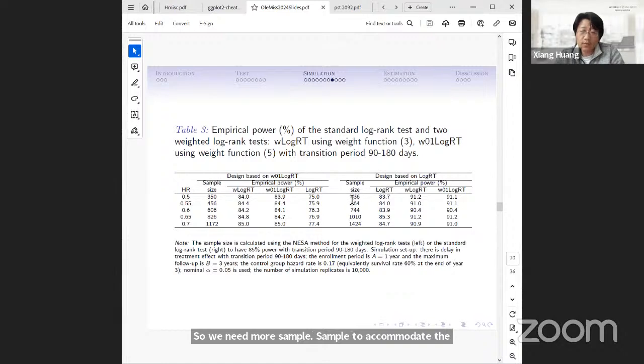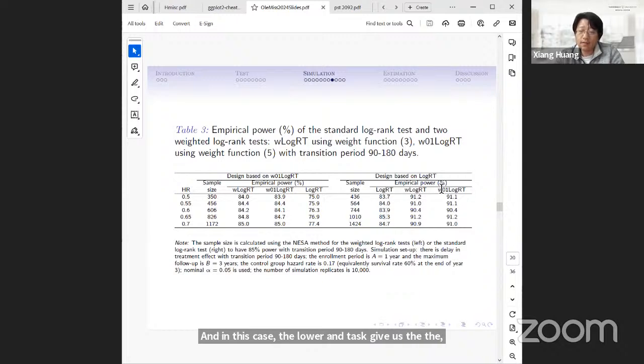But anyway, we calculated the sample size and generated that many samples using the simulation algorithm. And again, we tested the empirical power using these 3 tests. In this case, the log-rank test gave us an empirical power close to 85% as expected.